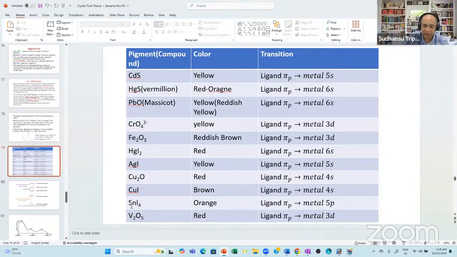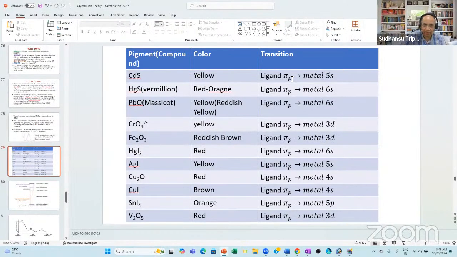Although it is not a transition metal ion, iodide ion is a very strong pi donor ligand, and therefore there is an LMCT. CuI is brown, cuprous oxide is red, silver iodide is yellow, mercury iodide is red. And the transitions I have written are from the pi orbital of the ligand.